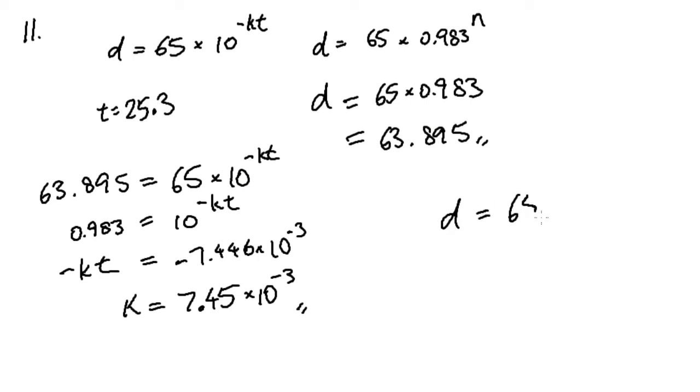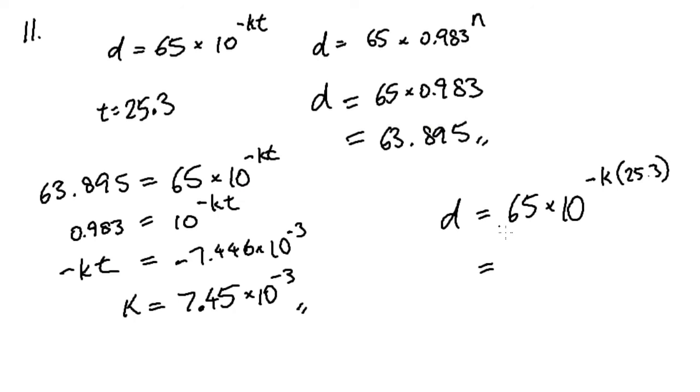So d is 65 times 10 to the minus k times 25.3, which is answer times 25.3.